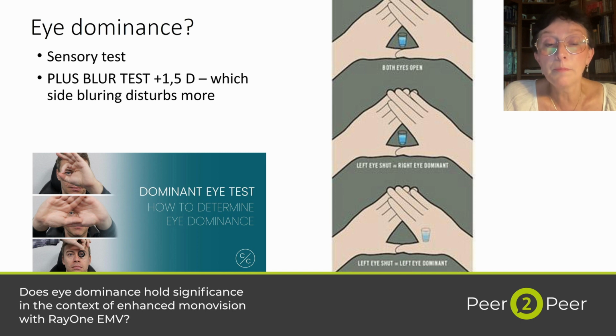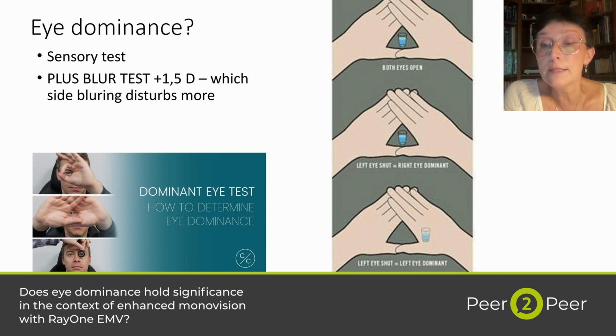Plus blur test means that I ask the patient, putting in the trial frame plus 1.5 diopter in front of one eye while the patient is utilizing both eyes. And the question is, which side does blurring disturb more? And the side where blurring disturbs more is the dominant side.